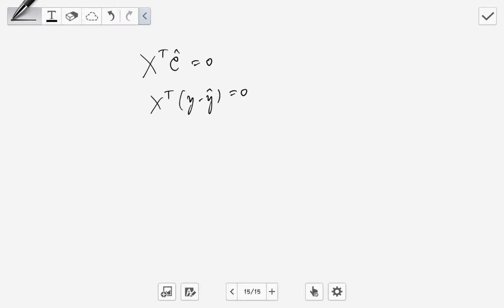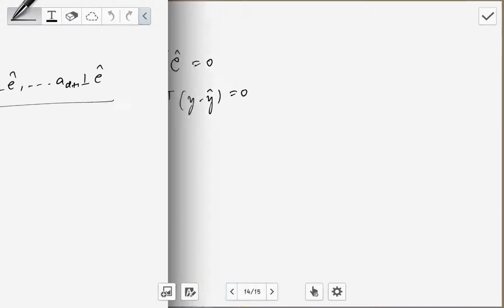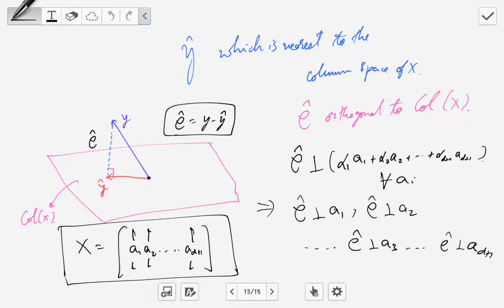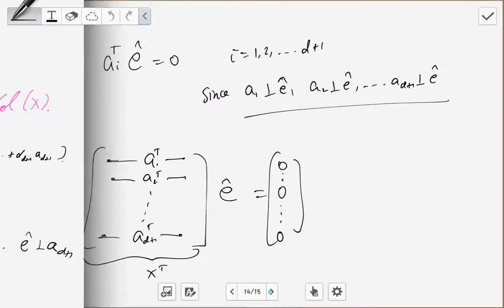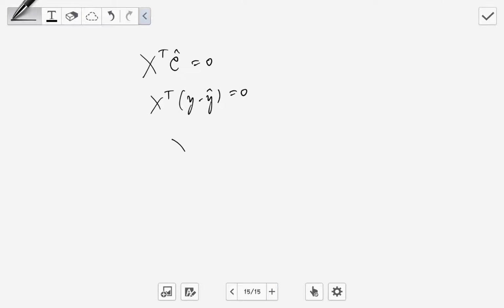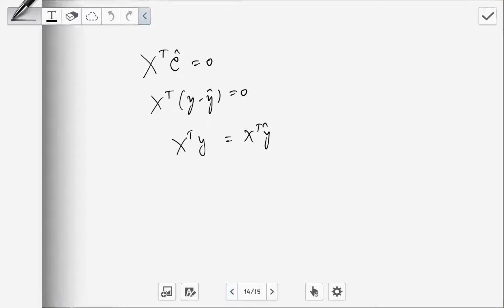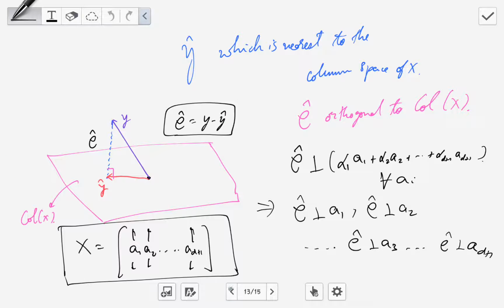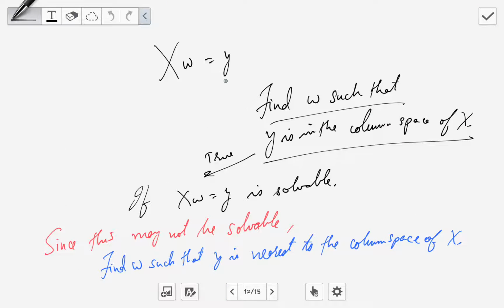Now what we have here is X transpose y is equal to X transpose y cap. Now, what is y cap? We wanted y cap to be XW.